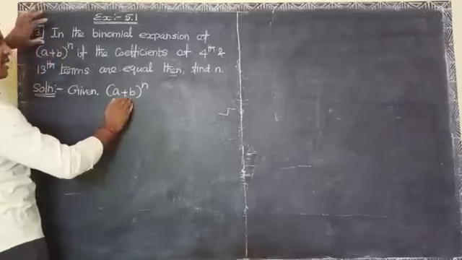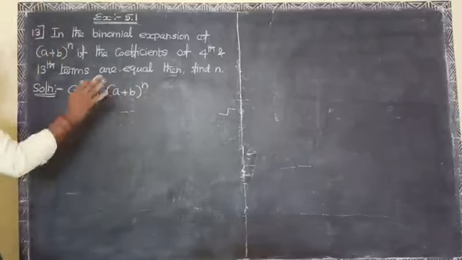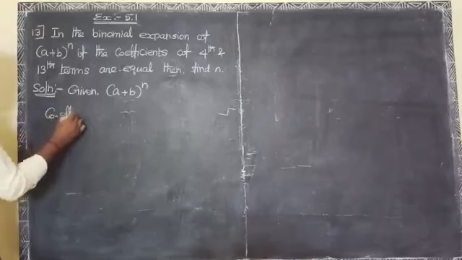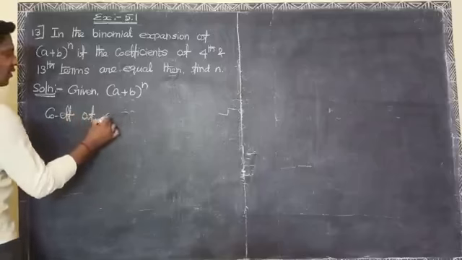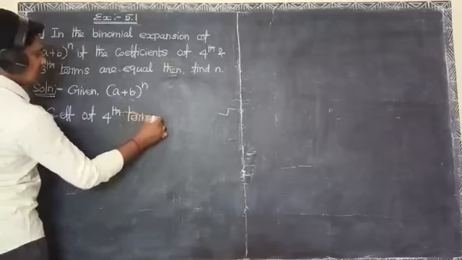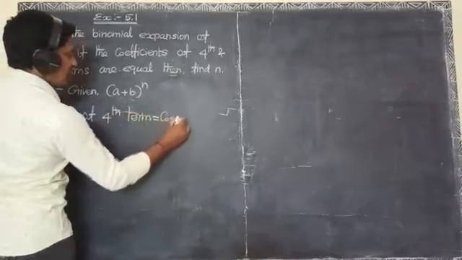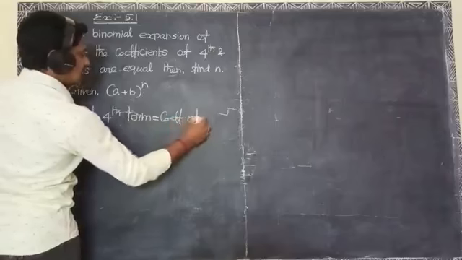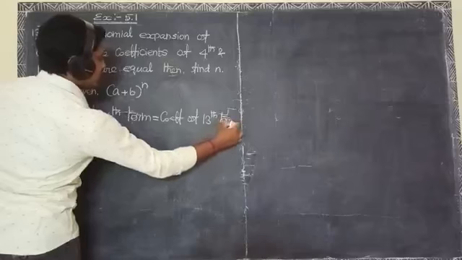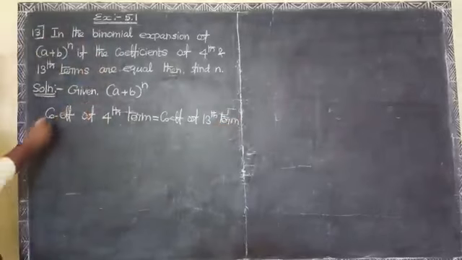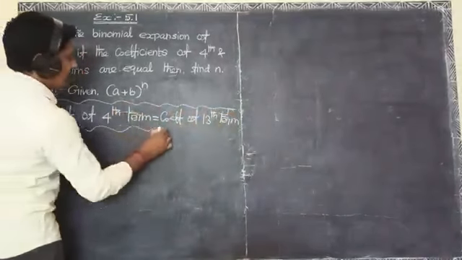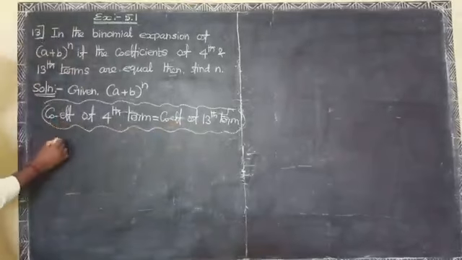Then the condition is that the coefficient of the 4th term is equal to the coefficient of the 13th term. This is the condition to find the value of n.